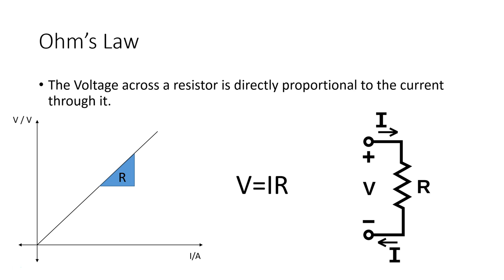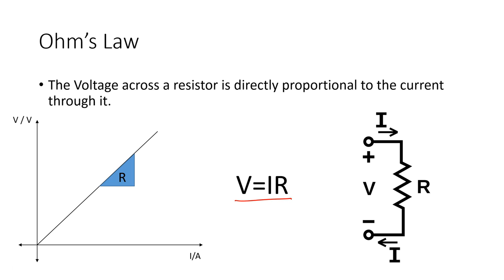So if you were to go in the lab and put a resistor on your breadboard and start increasing the voltage from 0 volts up to whatever voltage the resistor could handle, you would see that the graph you get when you plot the results is a straight line passing through the origin, and the resistance would be the gradient of this graph, which is the change in V over the change in I. So very simply, V is equal to IR is Ohm's law.